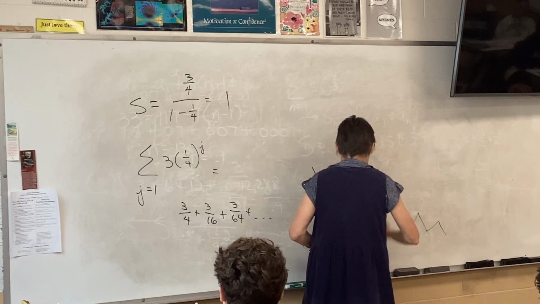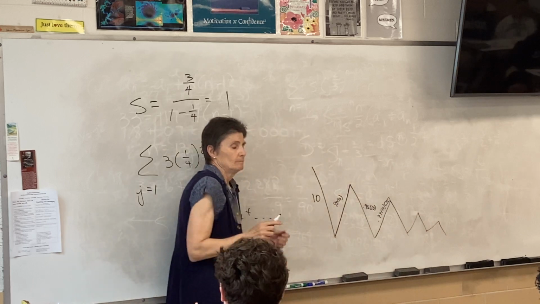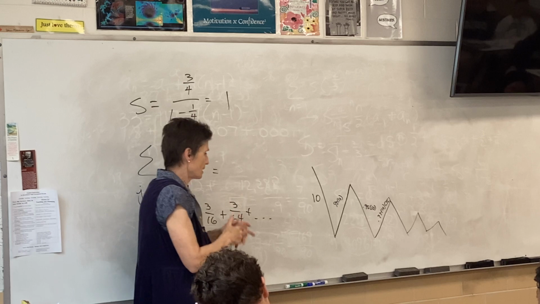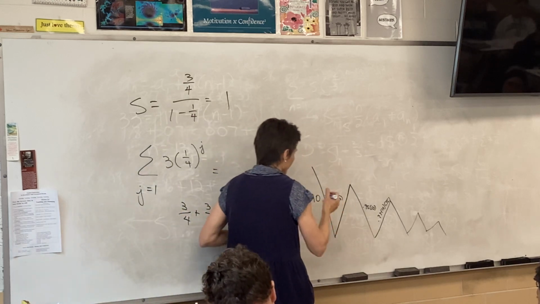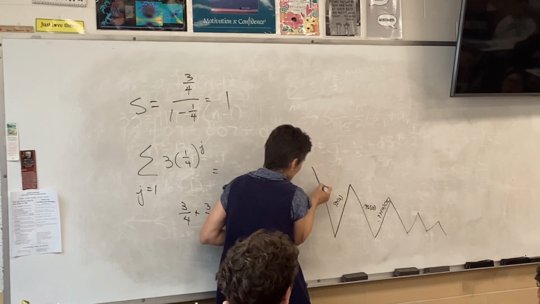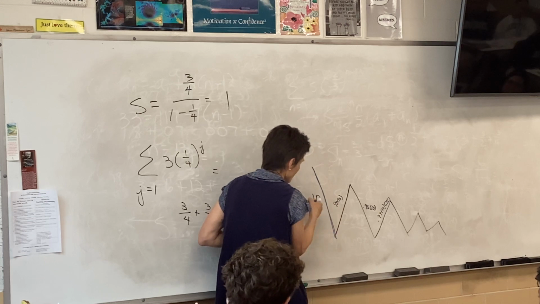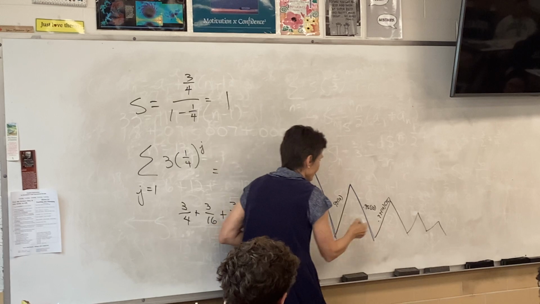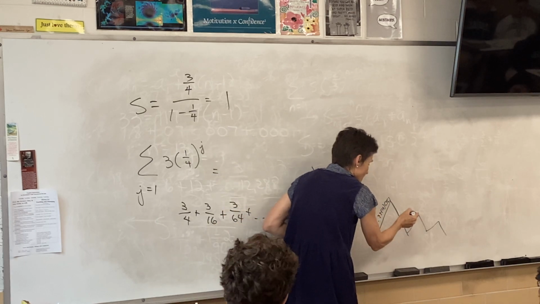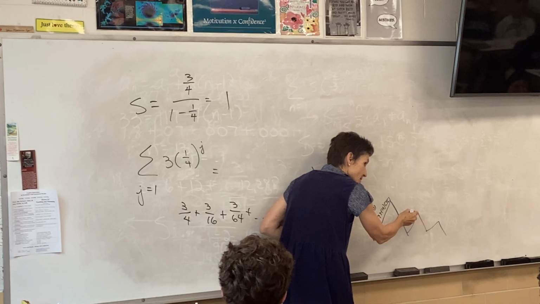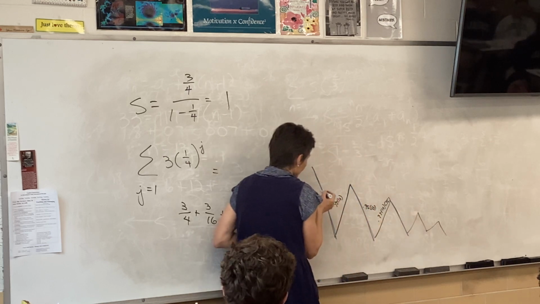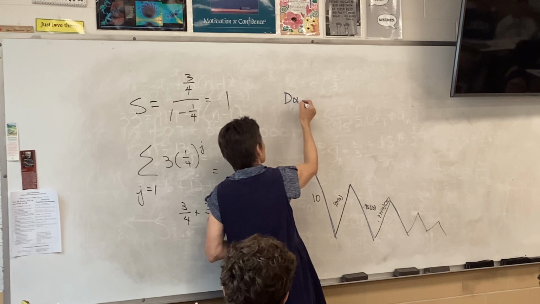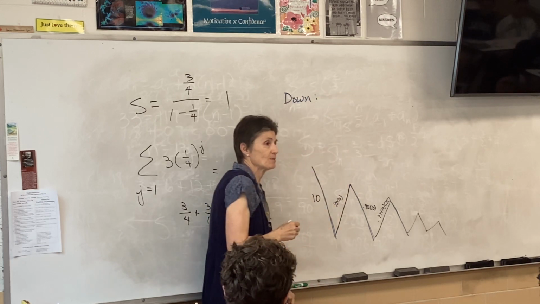I want you to look at the downs. So the first one was 10, this was 10 times 0.95, this was 10 times 0.95 squared. So just the blue, which is the downs, is that geometric?